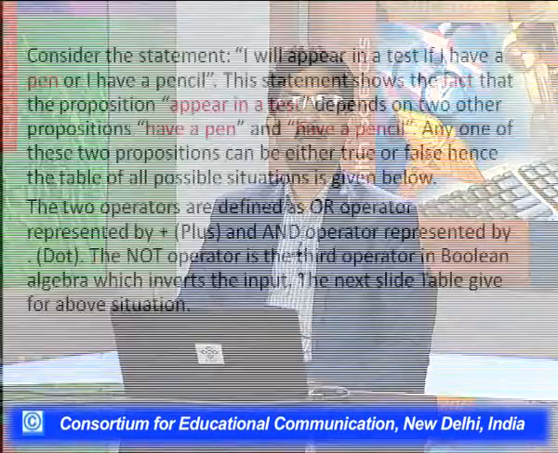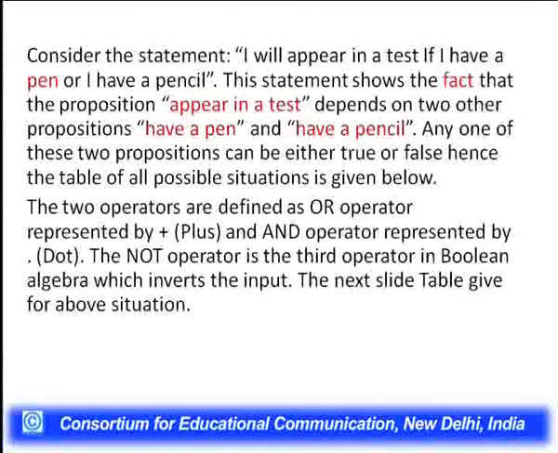So consider the statement: I will appear in a test if I have a pen or I have a pencil. This statement shows the fact that the proposition 'appear in a test' depends on two other propositions, 'have a pen' and 'have a pencil'.